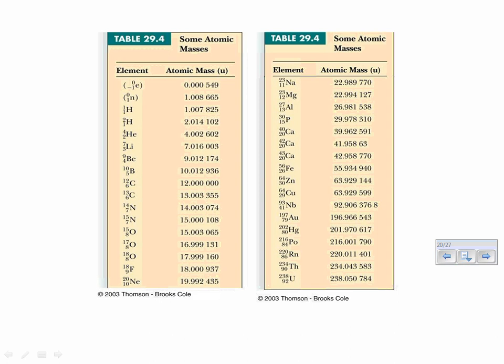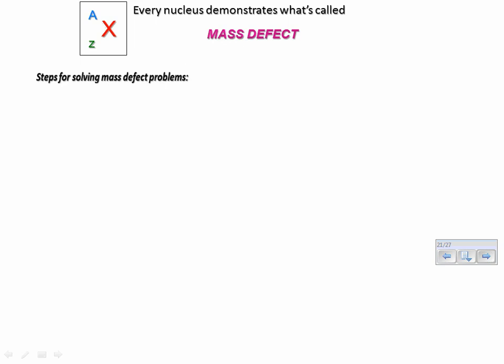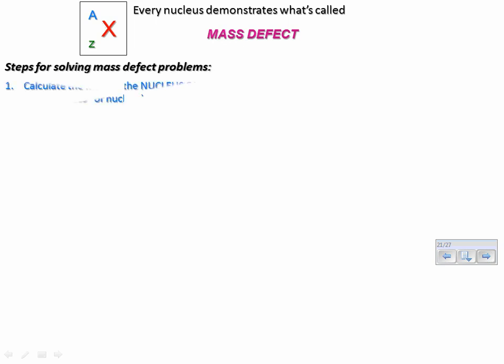Now this you'll end up using at some point, a little reference I included for you. Every nucleus exhibits what we call a mass defect. If we have element X with Z protons and A nucleons, and we want to find the mass defect, here's the first thing you always have to do.